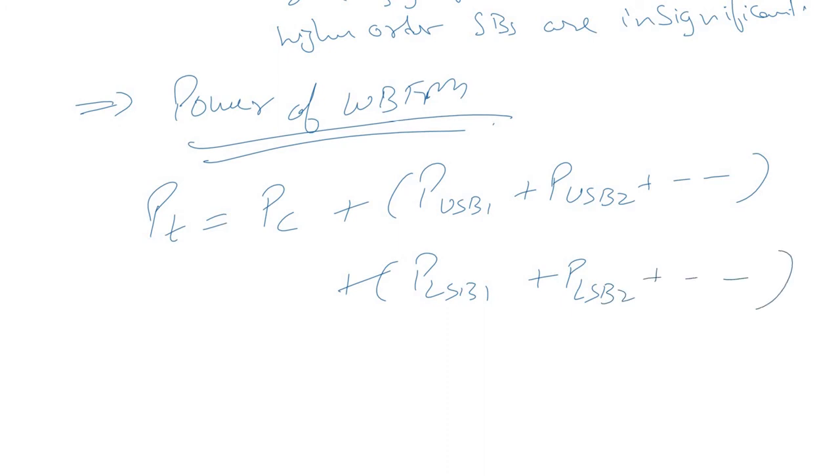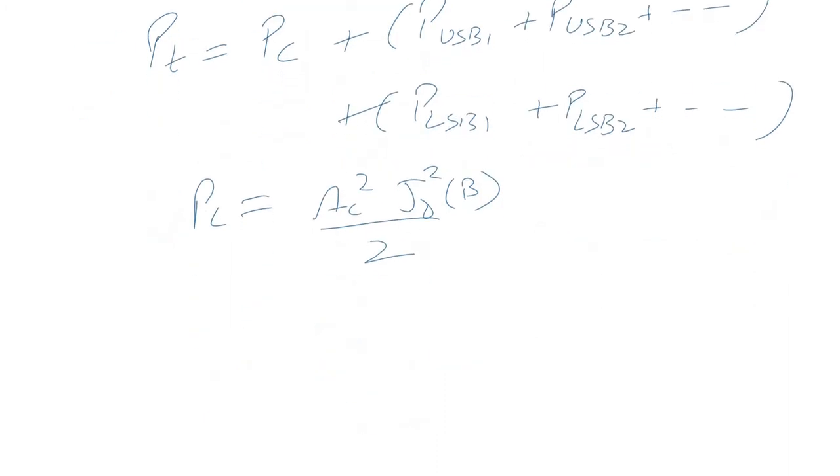Right? Carrier power, we know PC is equal to AC² J0²(β) divided by 2. And similarly, the power of upper sideband 1 would be AC² J1²(β) by 2.